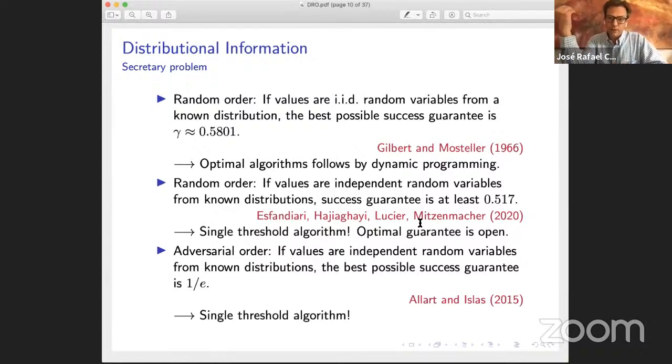What's not so easy is to actually analyze this optimal policy, and that's what Gilbert and Mosteller achieved. They proved that in the worst case, your success guarantee, so the probability that you actually pick the maximum, is almost 60%, so 58%, and it's the solution of some equations, of course. It's not a numeric value, right?